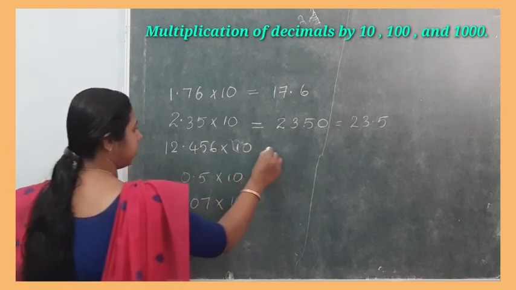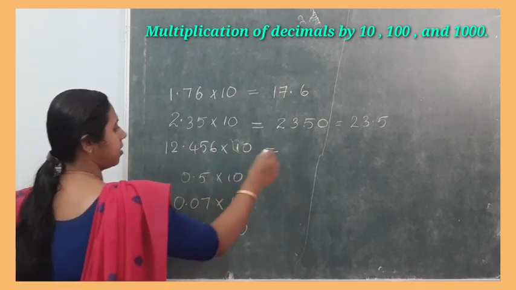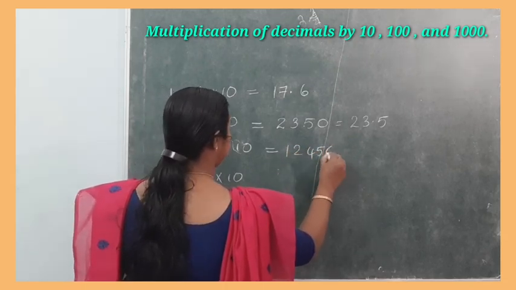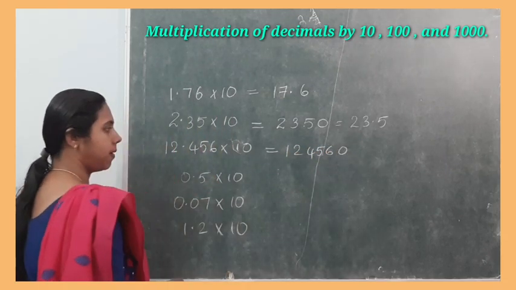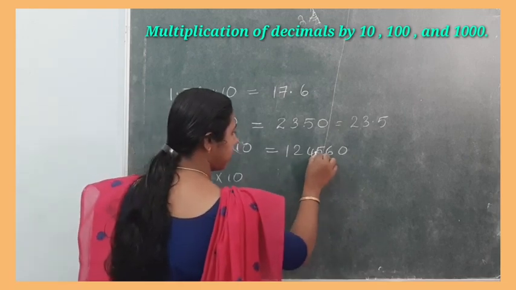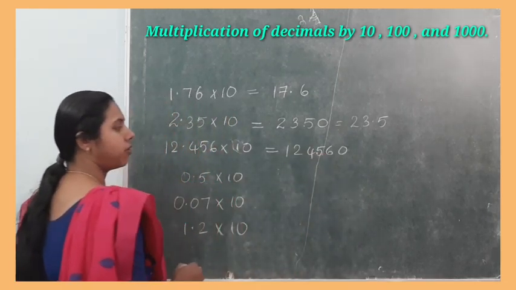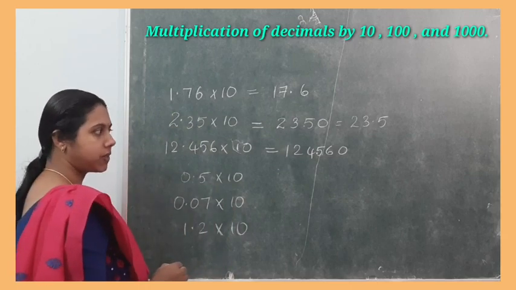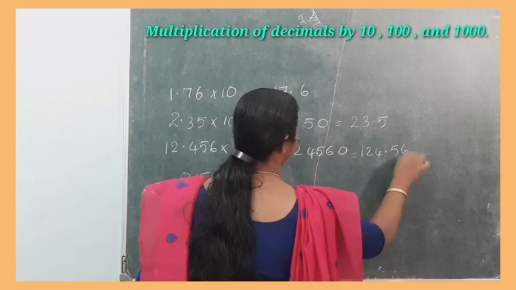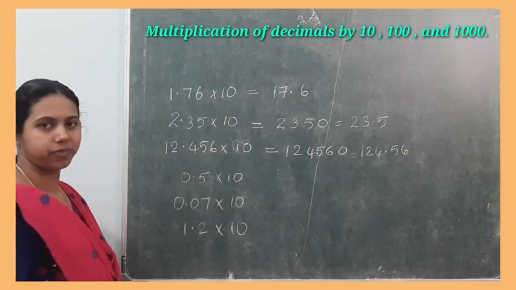The next one, 12.456 into 10, that is this much will come. How many decimal places? 3 decimal places. So it will be 124.560, that is equal to 124.56.